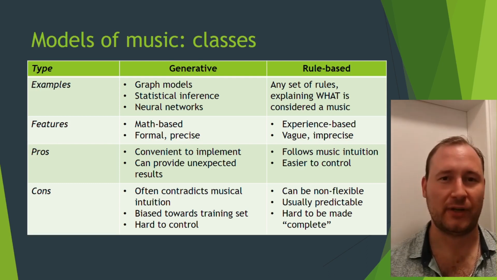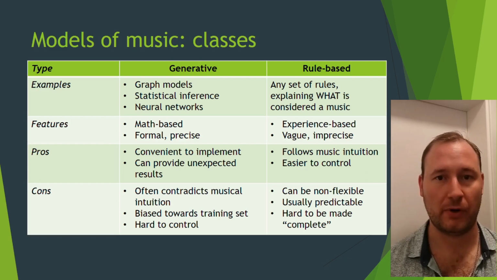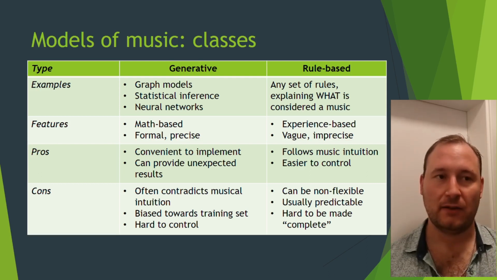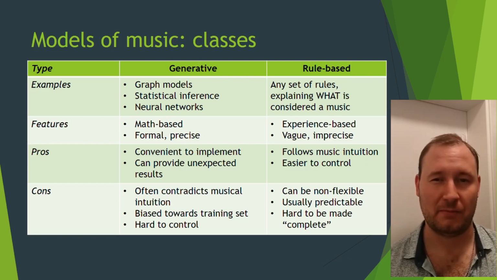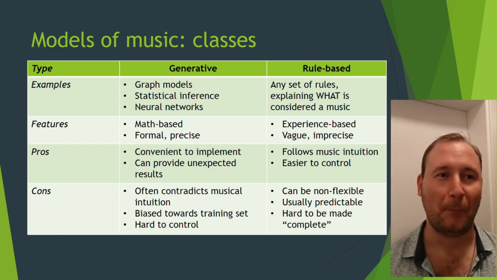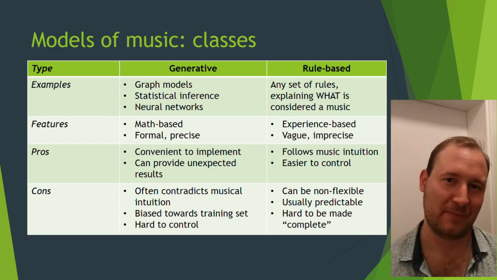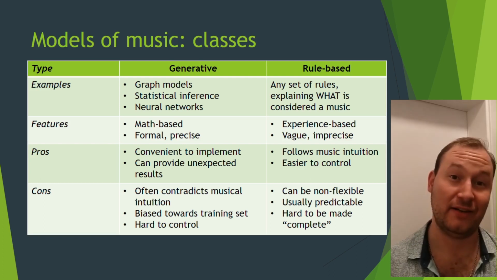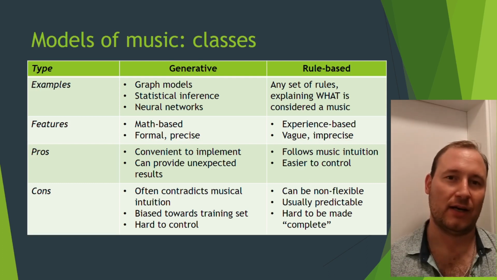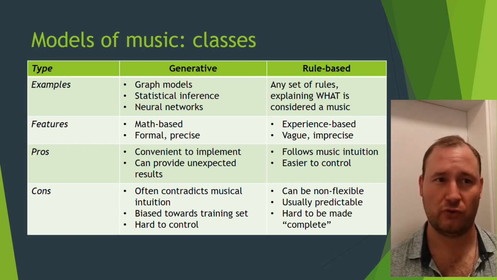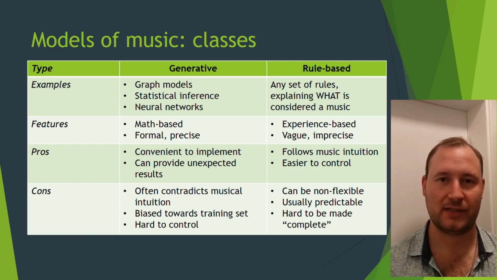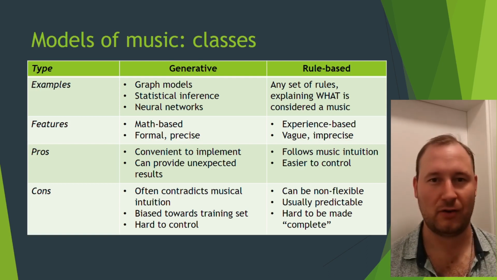And if we speak about the advantages and disadvantages of both of these approaches, we should say that generative models are easier to implement because they are by their nature more convenient to implement. Let's say, if you have a clear idea of the model in mind and you have the technical ability to do it, it's quite straightforward how it should work. And they can provide some unexpected results, kind of out of a black box.